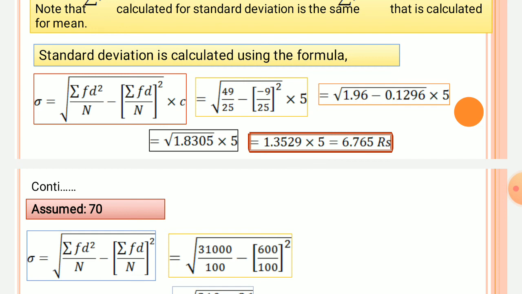By simplifying, root of 1.96 minus 0.1296 is root of 1.8305, into 5. The root of 1.8305 is 1.3529, into 5 is equal to 6.765. This is the value of standard deviation, or sigma. The value of standard deviation is equal to 6.765 rupees.